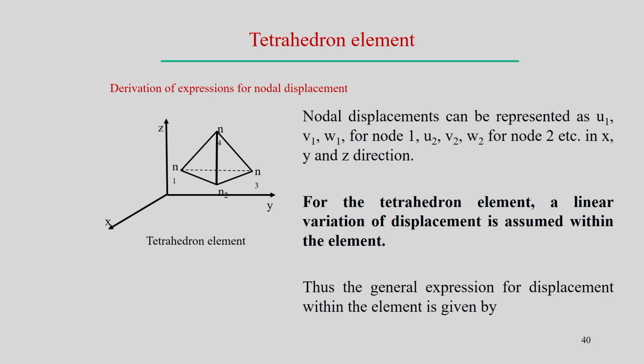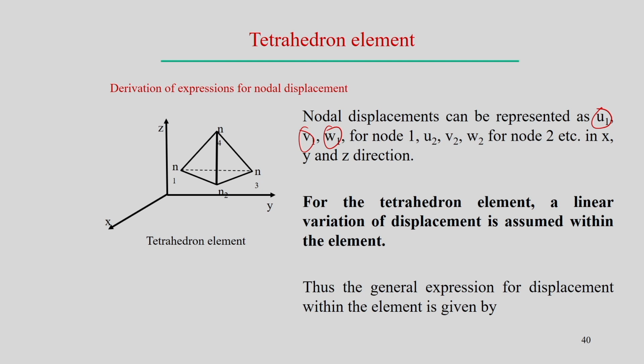Now, let us look into the expression for the nodal displacement. We have already seen the nodal displacement can be represented as U1, V1, W1, because for each node point there are 3 components, in the x, y and z directions. The displacement field can be represented as U1, V1 and W1 for particular node 1.